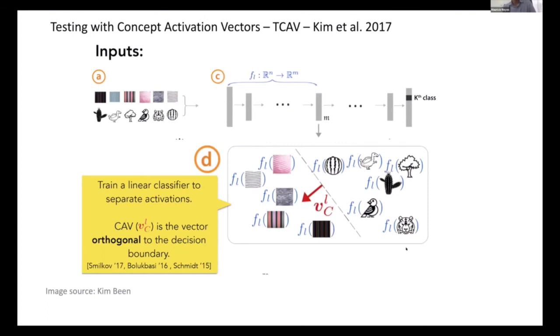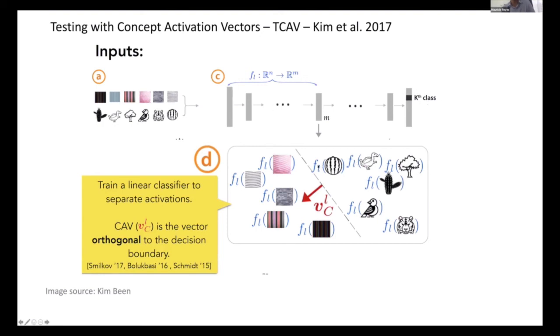Okay. I'm going to then take my sample images for the concept and the non-concept, and I'm going to pass them through my network. This will generate different descriptors. I'm also going to classify them. So I'm going to go all the way and classify them between the given class I'm checking.